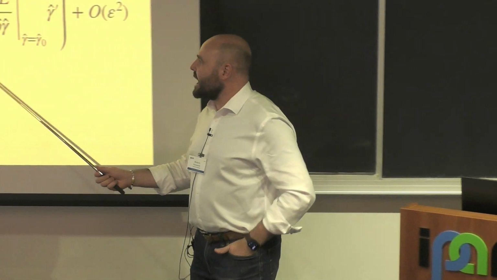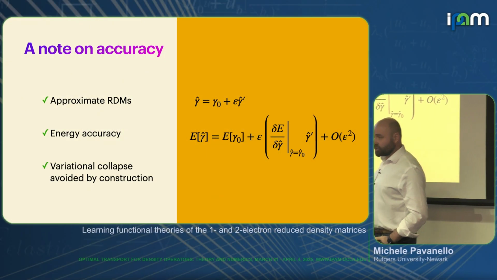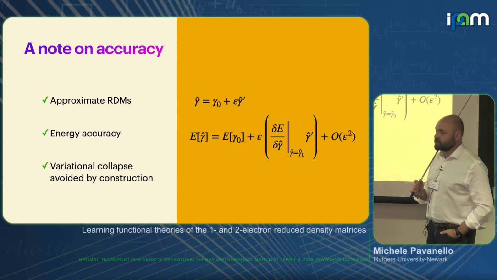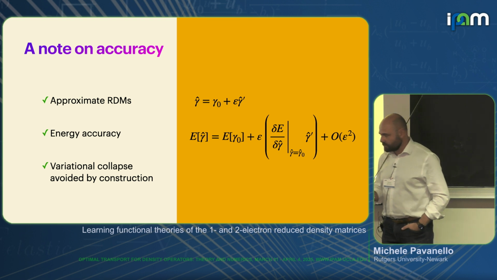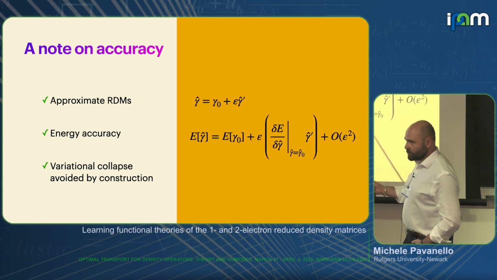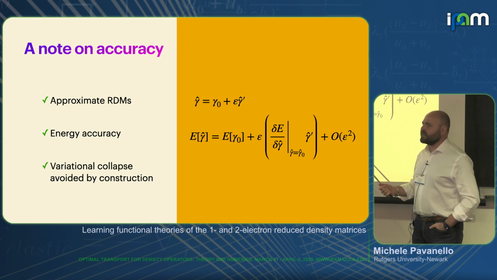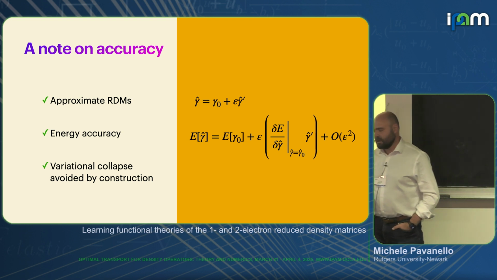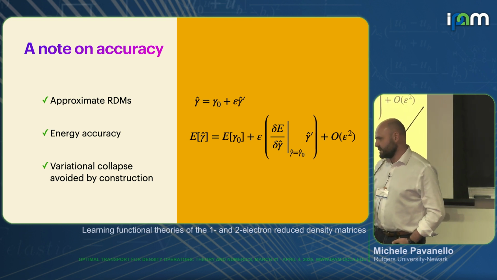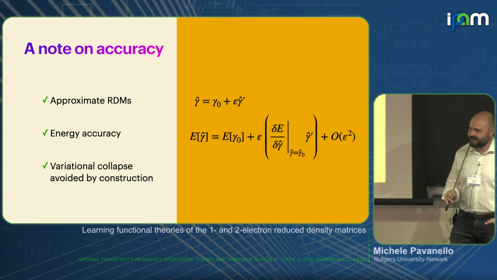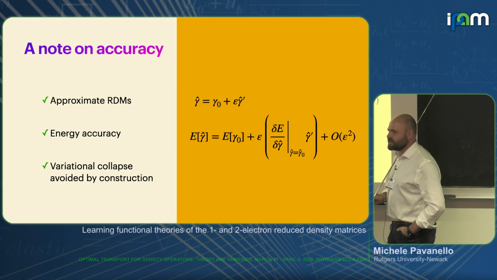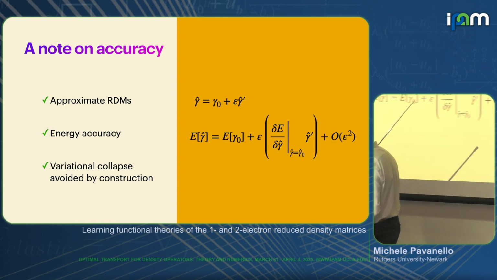So imagine I come up with a functional, and then I minimize that functional with respect to gamma. For the 1 RDM, it's easy because these n-representability conditions are easy for gamma. But imagine you have the 2-body gamma, and you minimize the energy with respect to the 2-body gamma.